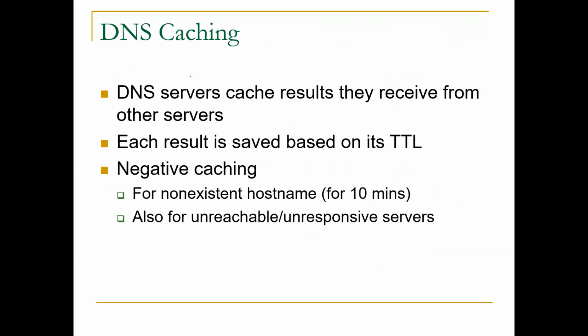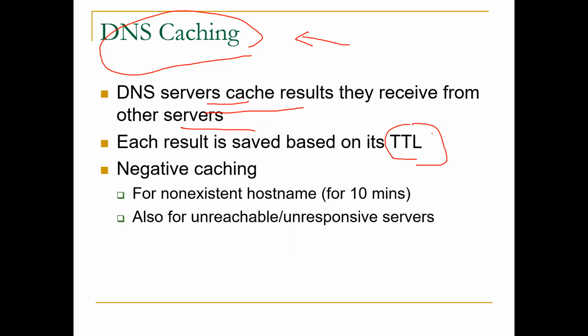Another term that comes to everyone's mind is DNS caching. This is also an important term. As the term states, DNS servers cache results they receive from other servers. All caching is based on the TTL value, time to live.